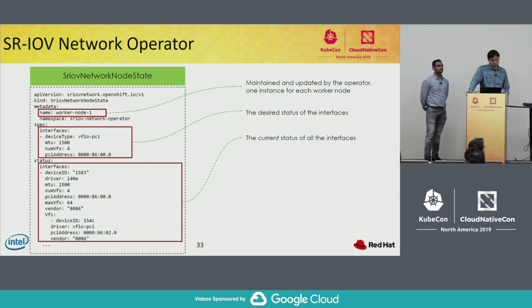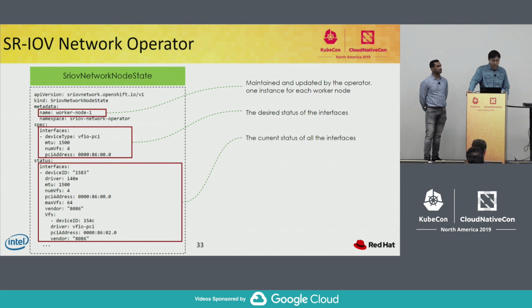So what kind of devices you have on the host, and you can find the current MTU and the number of virtual functions which can be configured for these devices. After you create the virtual functions, you can also find the information about the virtual functions of this interface.